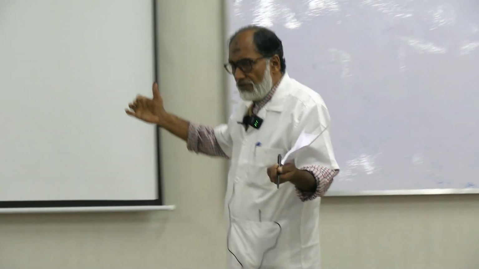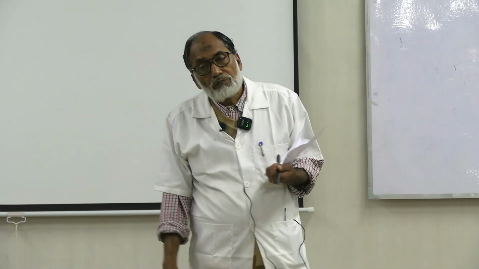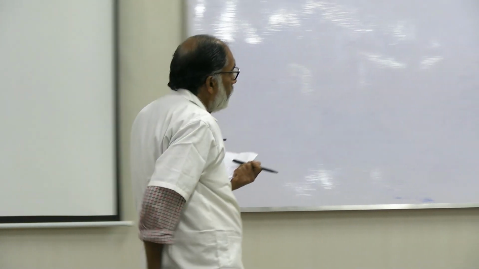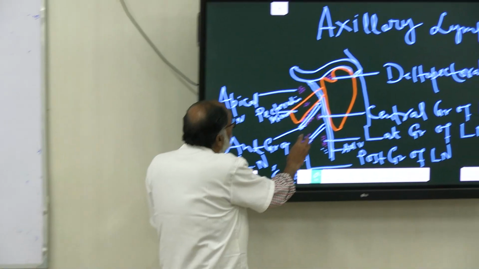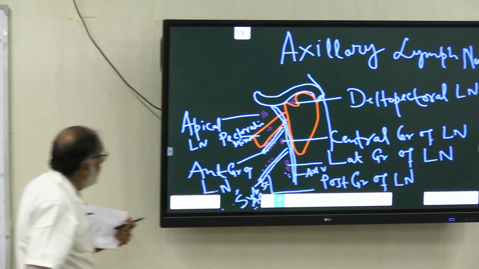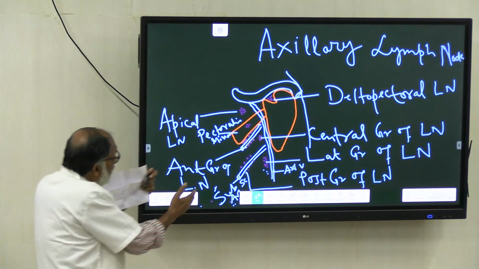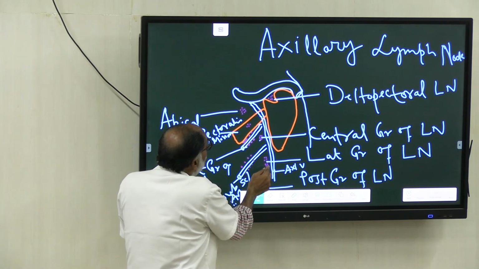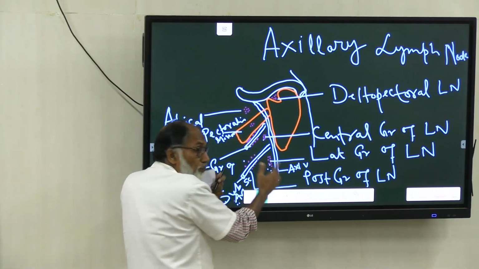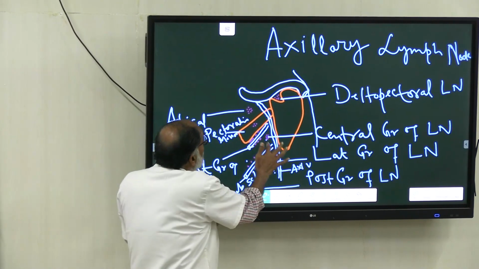Now come to how these lymph vessels drain. The lateral group, posterior group and anterior group will first drain into the central group.